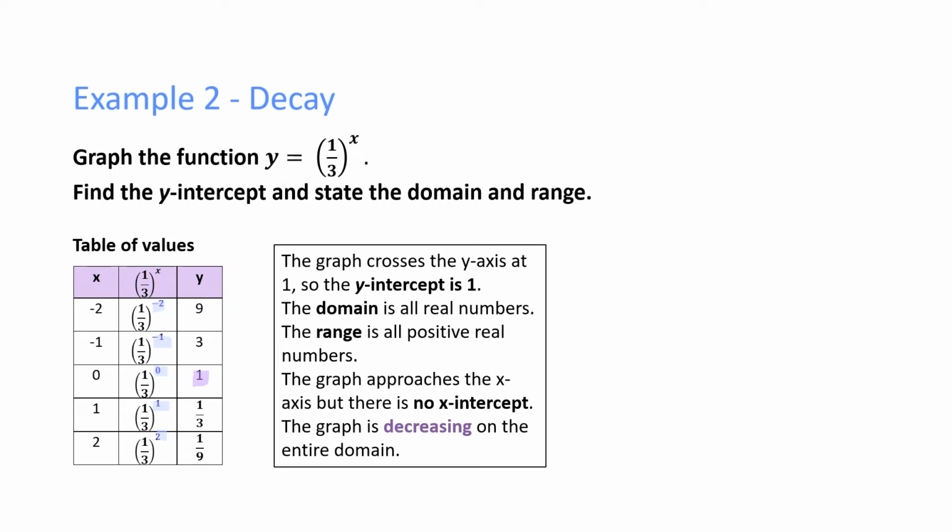So you can see that as the x values increase, going from -2 to +2, the y values are actually decreasing from 9, 3, 1, all the way down to 1/9.